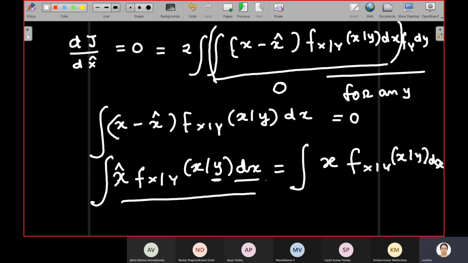So tell me what the left side is equal to. You do not know? Didn't we discuss how to find the left side? You are doing the integration with respect to x, and x hat is a function of y. So what is the left side equal to?